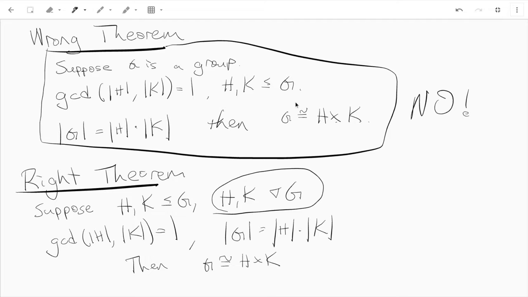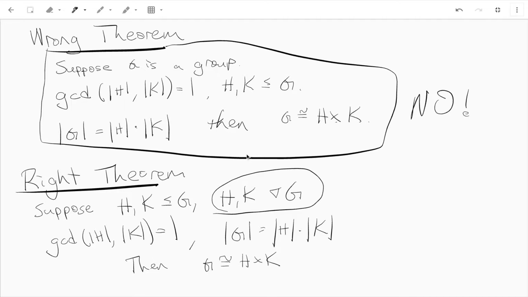But this theorem is not true. So I just wanted to correct it. What is the right statement? What is an example which tells you that this is not true? Well, what's a group of order 24? S4.